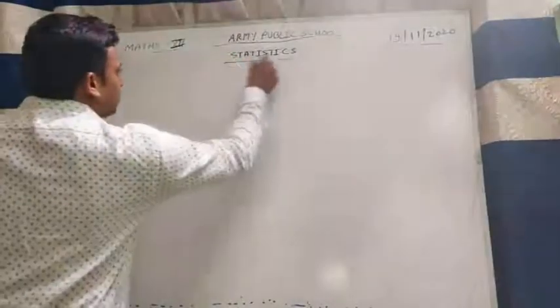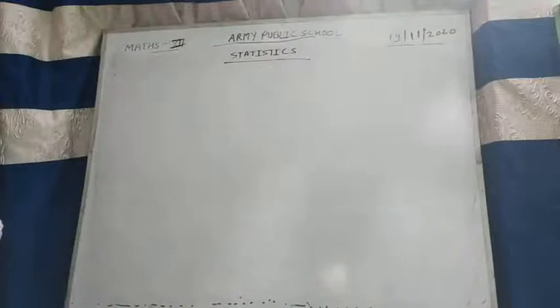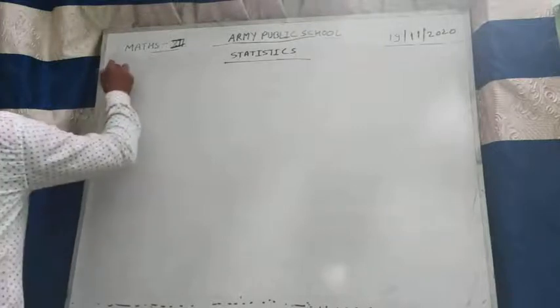Next question is question number 11. Find the mean deviation about median for the following data.